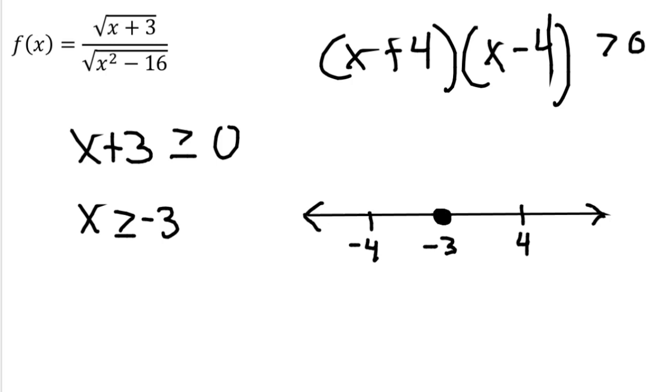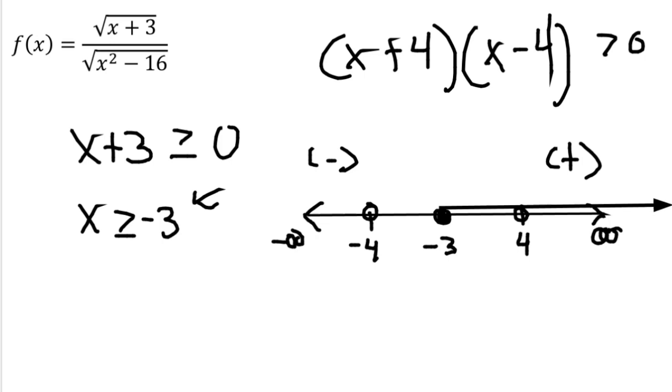So we have a case where x is greater than or equal to -3 and x is greater than 4. We're just going to shade everywhere, but we're going to look for the regions of positive and negative. So we got the positive region here from -4 to infinity.